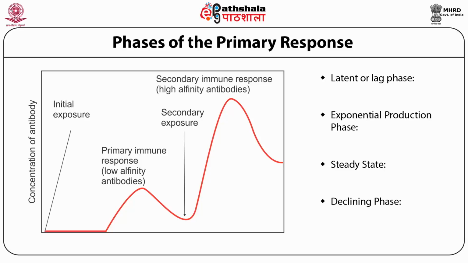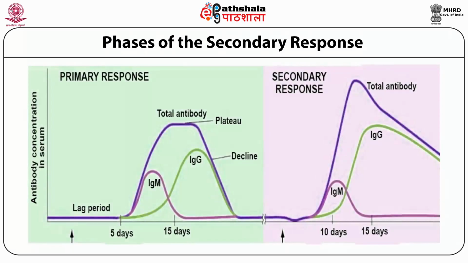Generally, only one kind of immunoglobulin called IgM is synthesized during the primary response. If another kind of immunoglobulin, IgG, is synthesized, its formation is detected only after IgM concentration has nearly declined. Just like the primary response, the secondary response can also be looked upon in terms of its distinct phases.